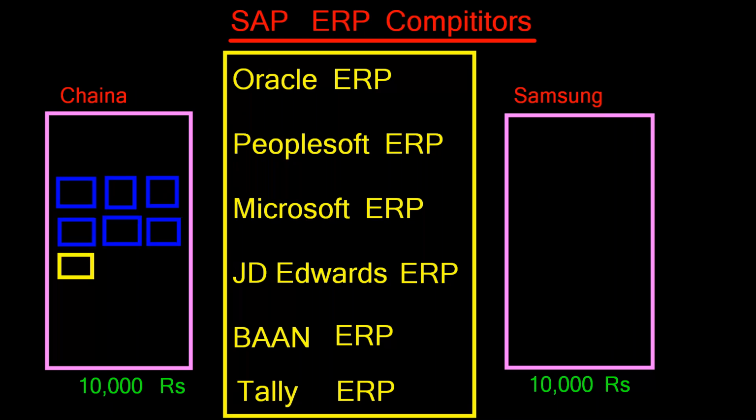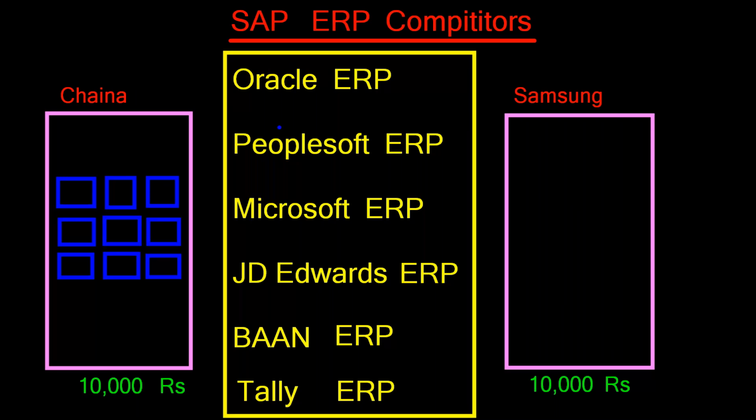General example, in your understandable language, I am explaining why most of the people go with SAP. Because other ERP companies, for suppose Oracle is not a small company, a very big company. PeopleSoft, Microsoft, I think we don't need to explain.